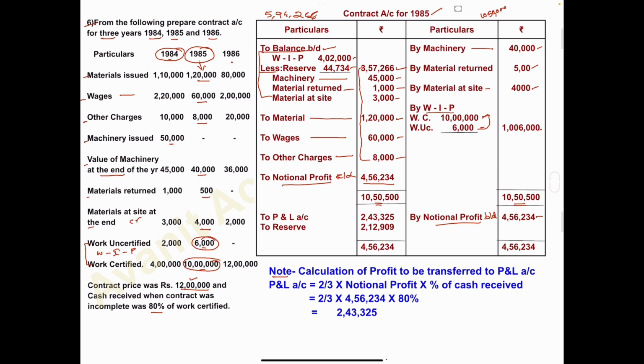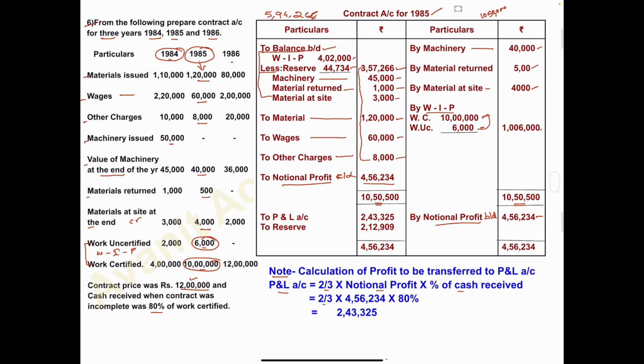We'll prepare the note. Calculation of profit to be transferred to profit and loss account. Formula: profit and loss account is equal to 2/3 into notional profit into percentage of cash received. 2/3 notional profit.